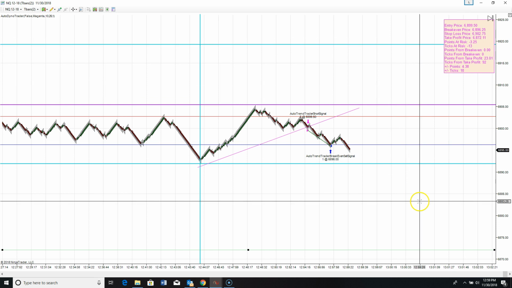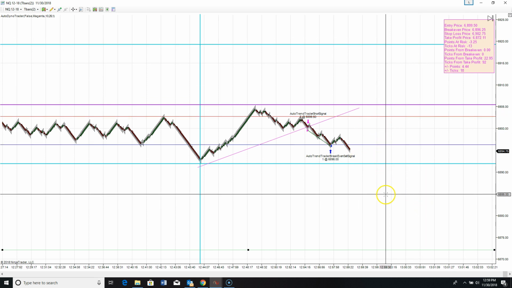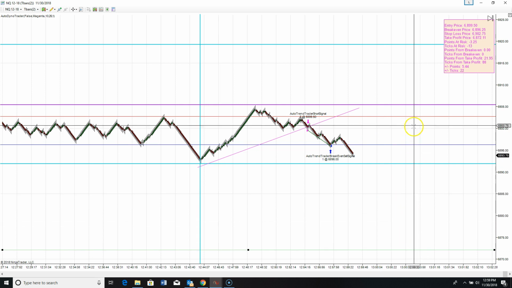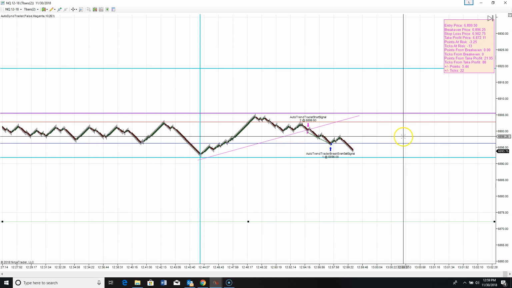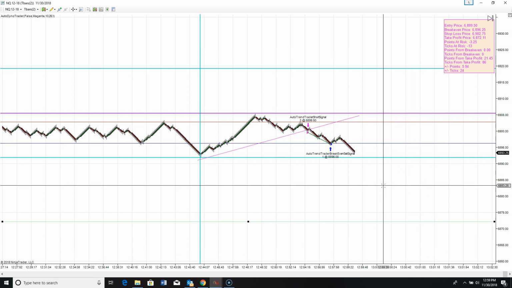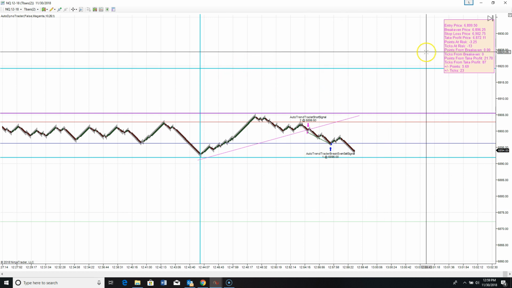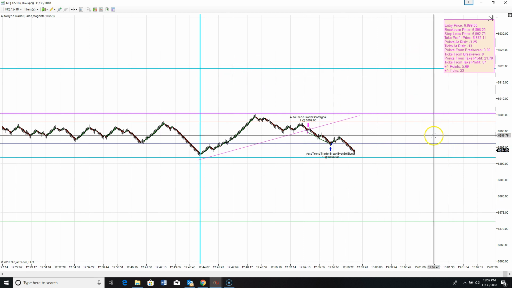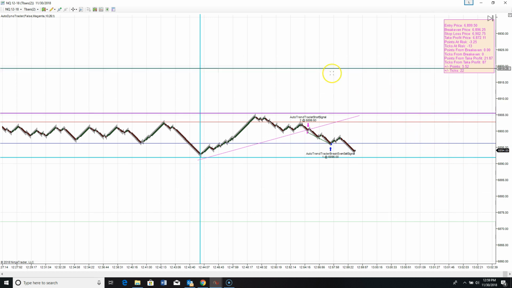I can start closing this in, and pull this down as well, and really start kind of granularly trailing the position to milk as much as I can out of it. Very easily and visually, right? You don't need to keep updating numbers in the NinjaTrader GUI. You just drag your lines.